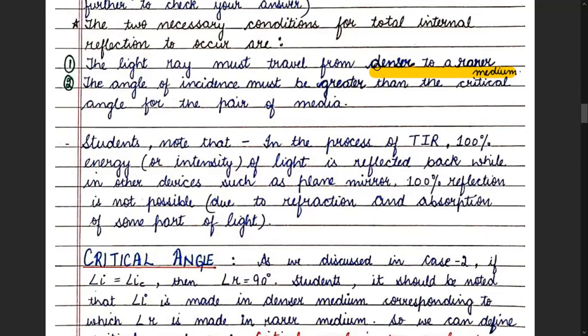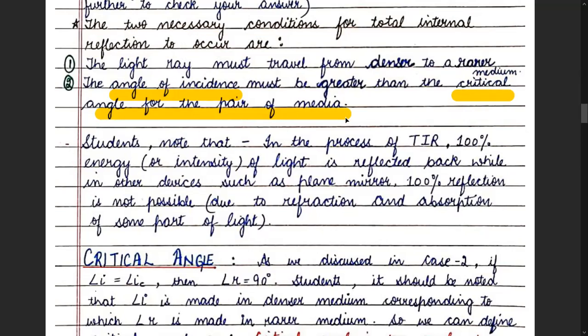If light is coming from rarer to denser medium, then TIR will not occur. So the first condition is the light ray must travel from denser to rarer medium. And secondly, the angle of incidence must be greater than the critical angle for the pair of media.